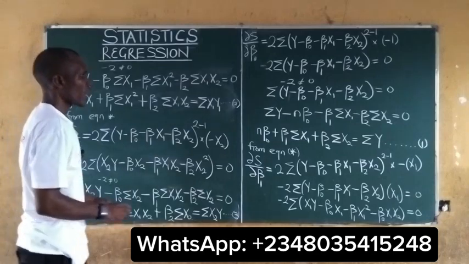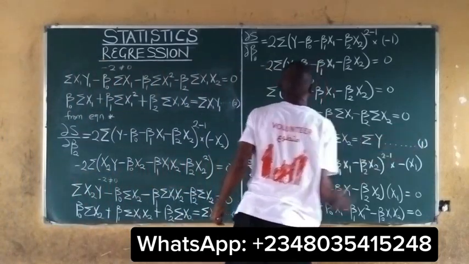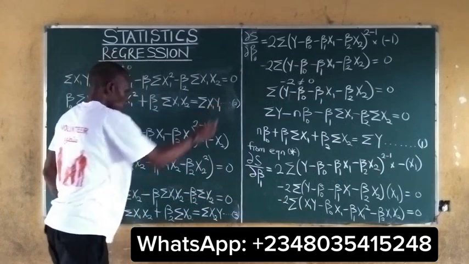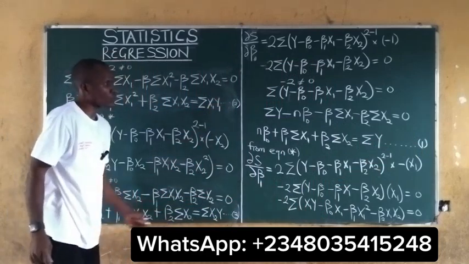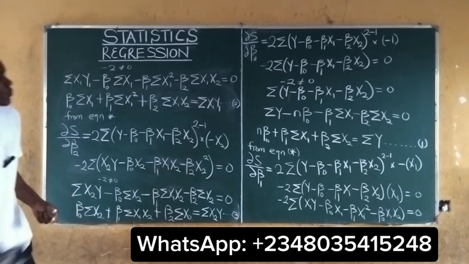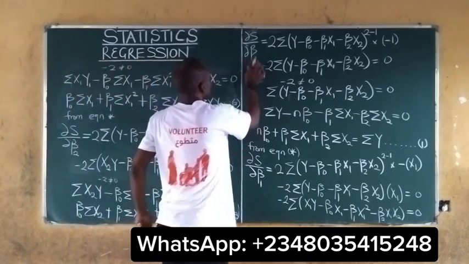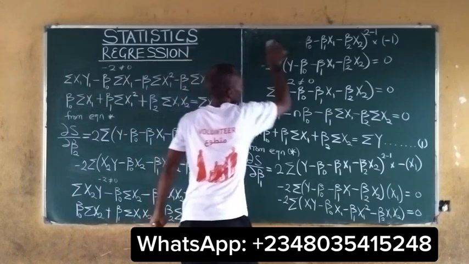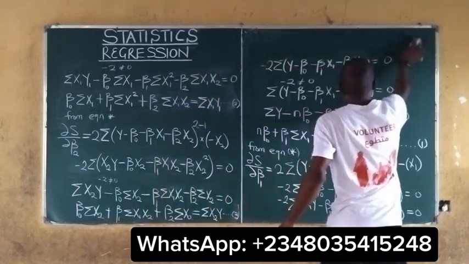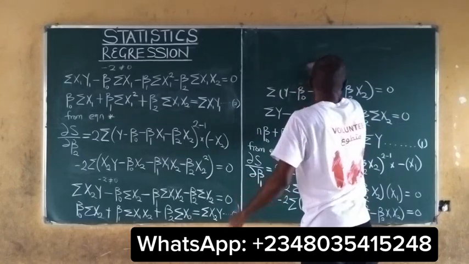So we have here as our equation 1, here as our equation 2, and here as our equation 3. All we need to do is to spell them out before we can find the solution to b naught, b1, and b2.